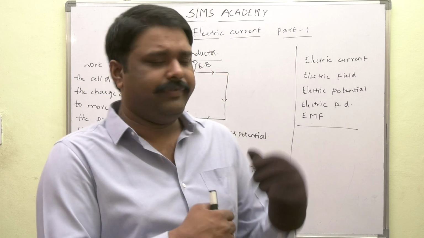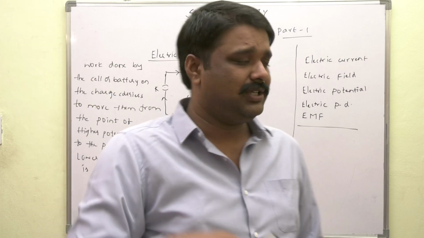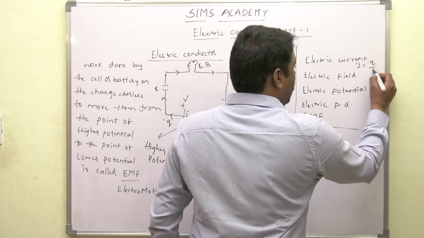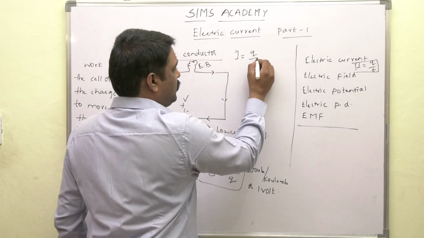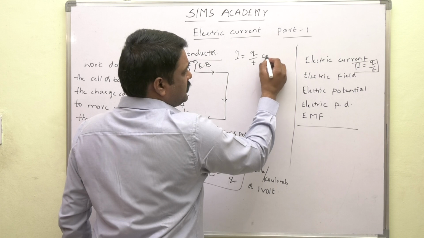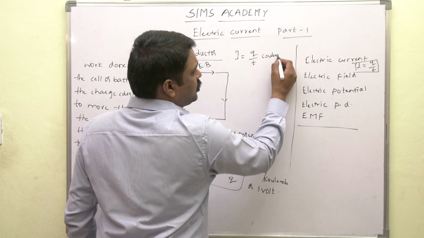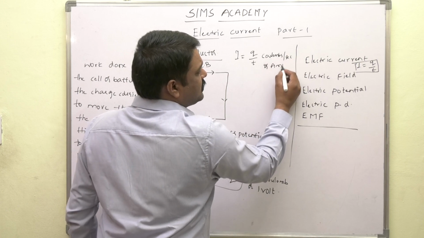Next we discussed electric current, the rate of flow of charge is called electric current. This is I equals Q by T, and its units are coulombs per second or amperes.